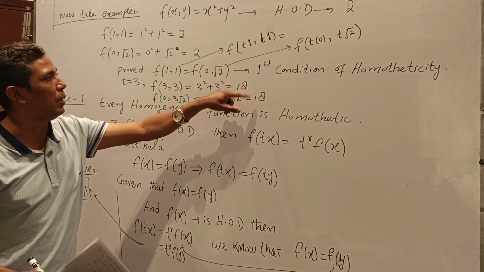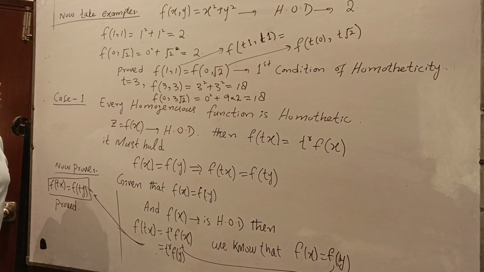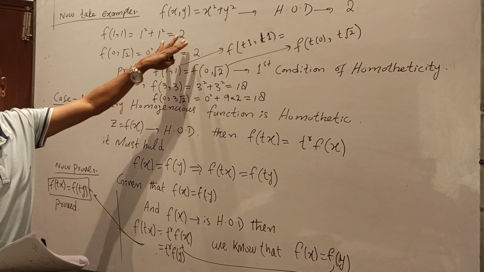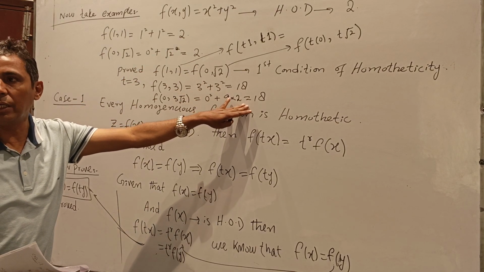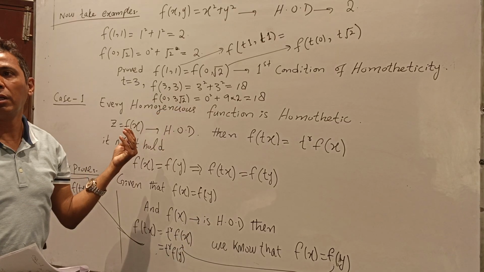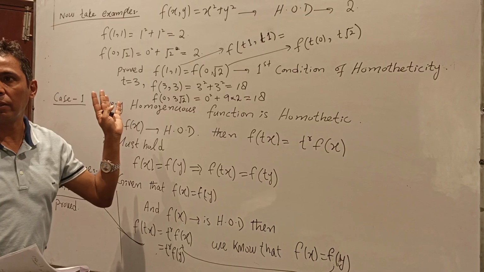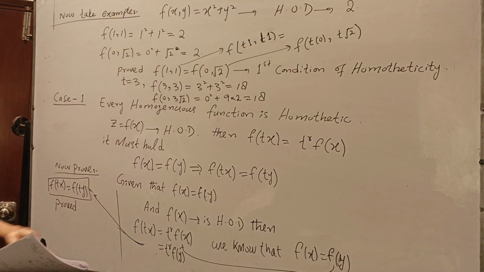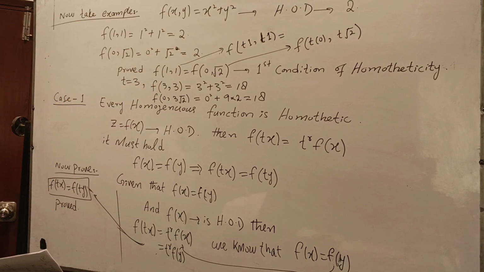Again they lie on the same level set. The first level set was 2, the second level set value is 18, and it may be less than 2 or something else, or in the middle of 2 and 18 as well. You can put 2 here and calculate. So in case of 2 your answer will be 8.